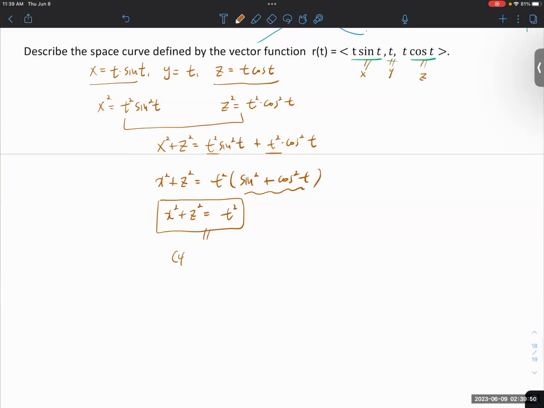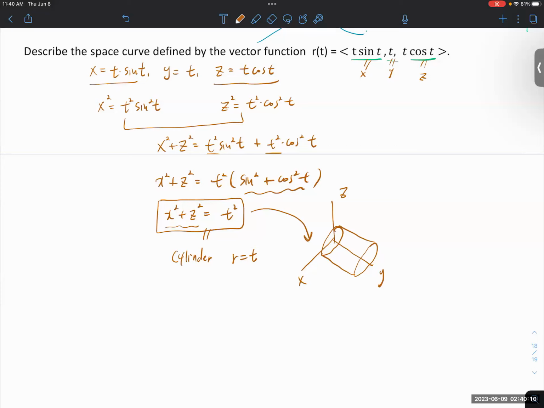This is also a cylinder, kind of. Cylinder where the radius is T. And then if you graph it, now Y is missing. So X, Y, Z, Y is missing, Y will be the center. So this is the cylinder equation of that.